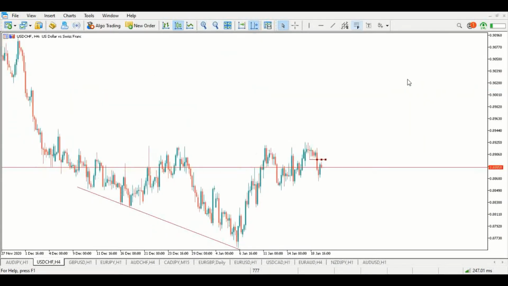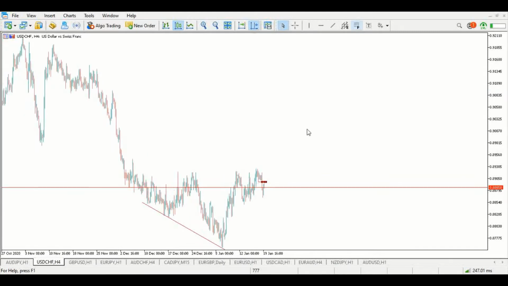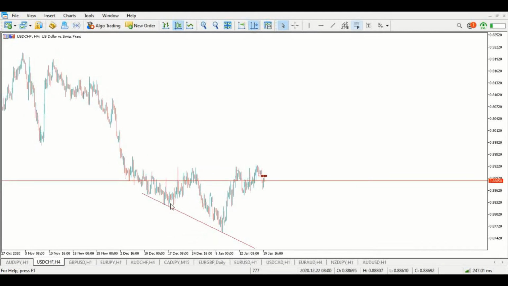As you guys can see, price has been making new lows, but at the same time it has really been having a hard time getting above this level area right there. Let me highlight it.